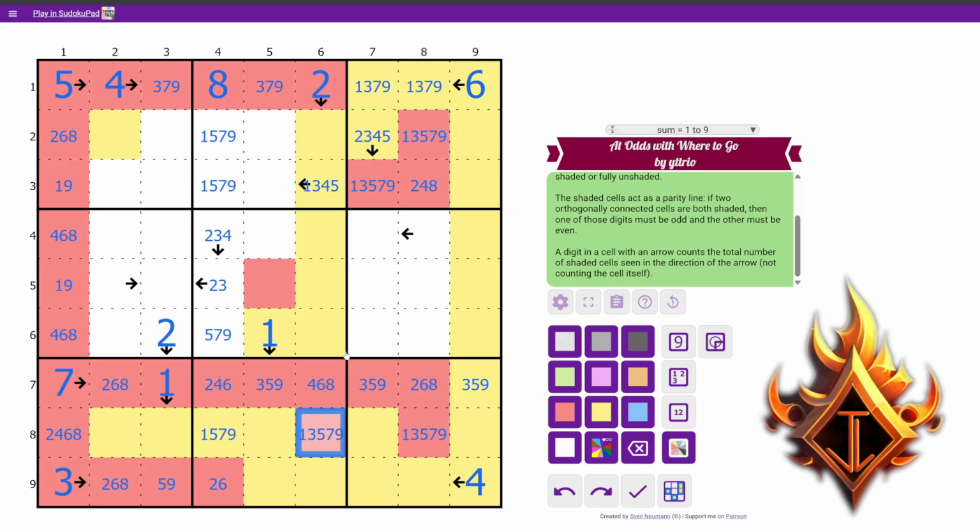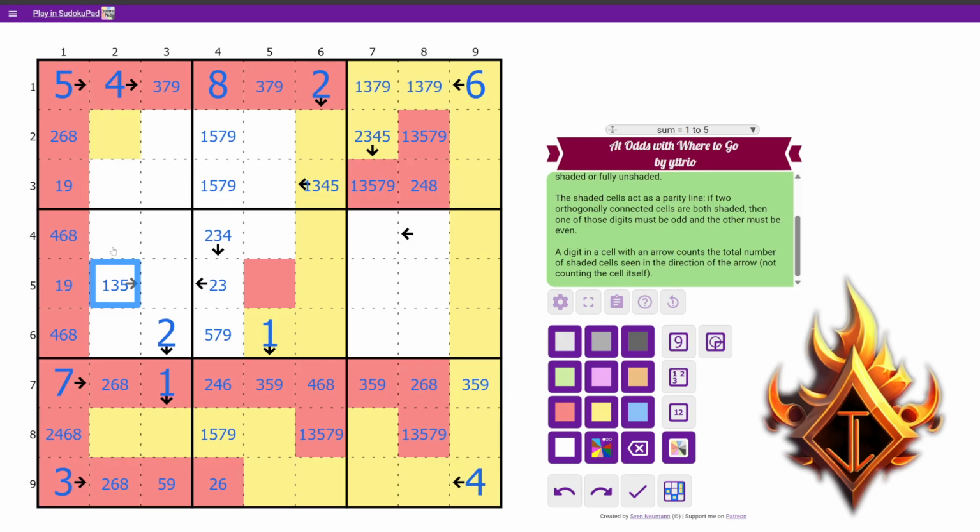Okay. This one, 1, 2, 3, 4, 5. It is 1, 3, or 5. It is odd.